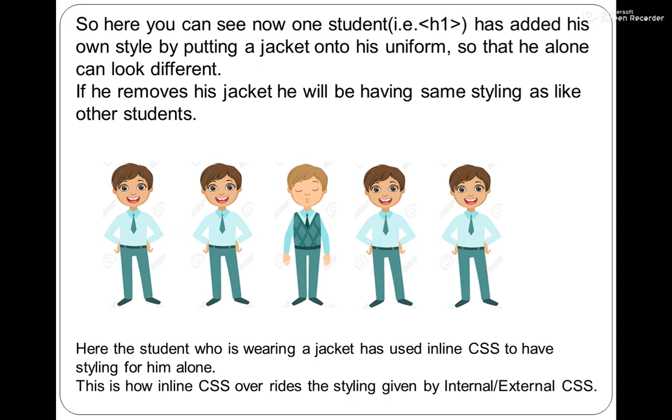In that case you can use inline CSS. Means when you want to make a single element or a few elements look different from the remaining tags, you can use inline styling for that particular element.